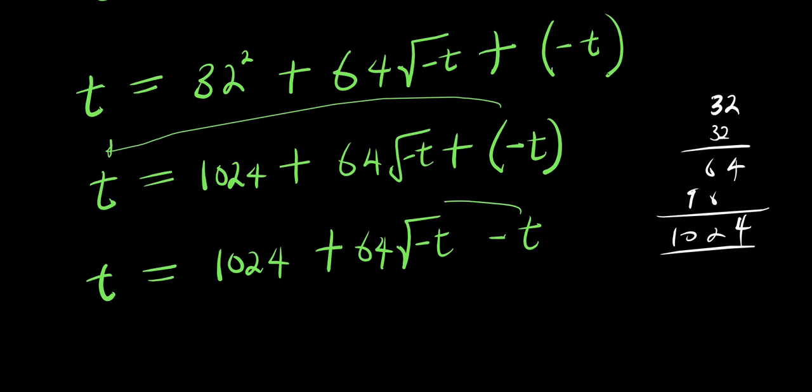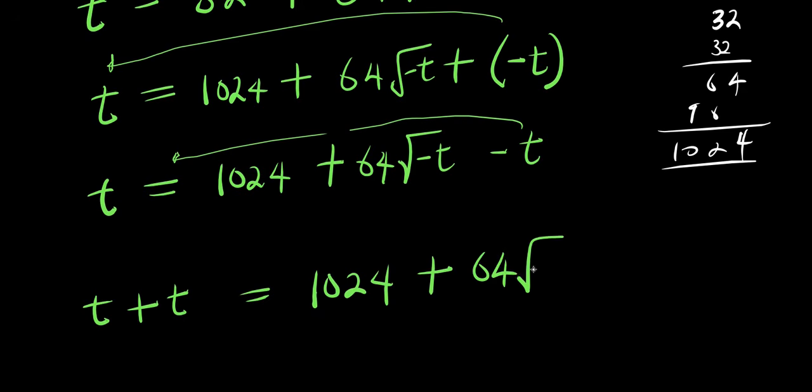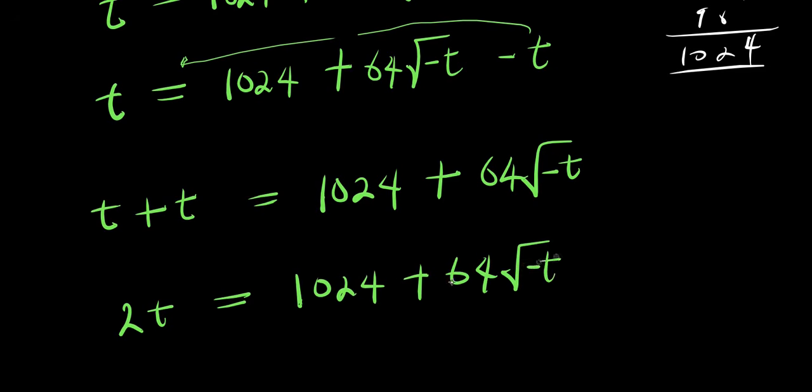I can then move it over here, so that would change to positive t when it crosses the equality sign. We now have t plus t equals 1024 plus 64 root minus t. So from here, t plus t is 2t equals 1024 plus 64 root minus t.